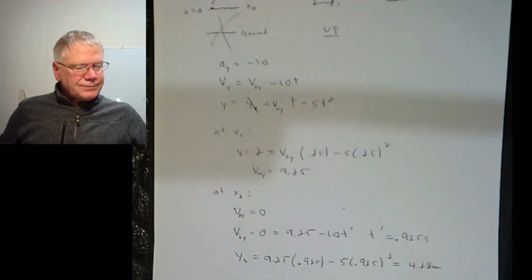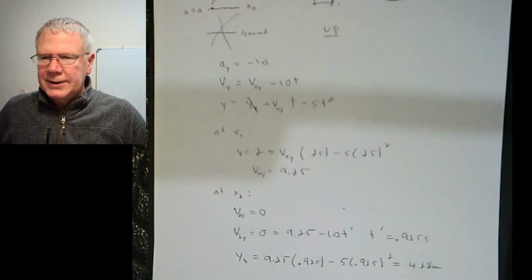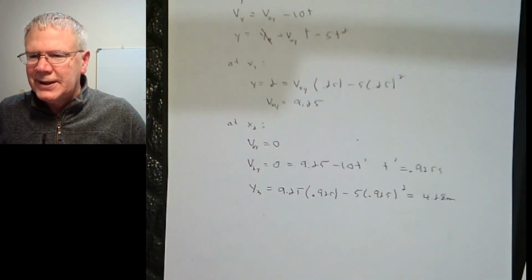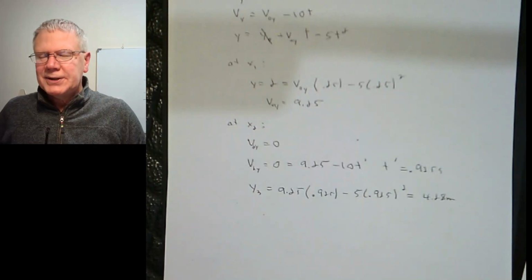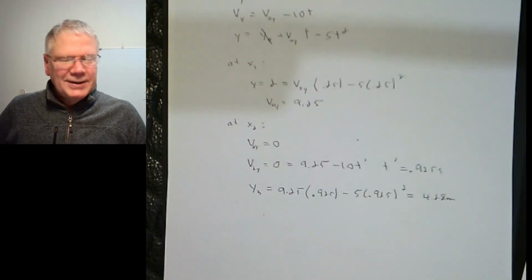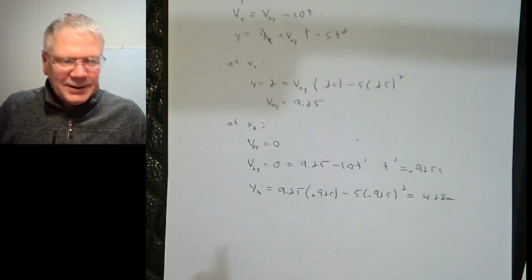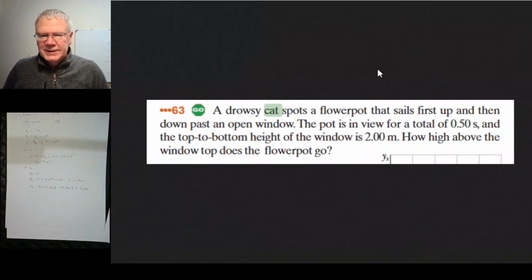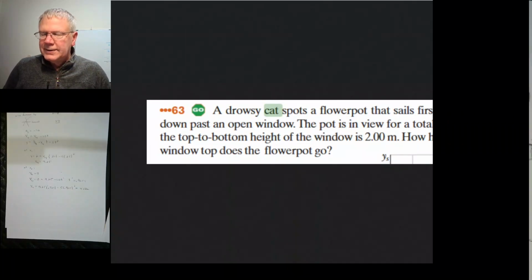The second thing to remember here is that when you're done, make sure you're answering what they asked for. There are a lot of questions where it's very easy to just throw out an answer you found, which isn't what they wanted. They want to know how high above the window top it goes.